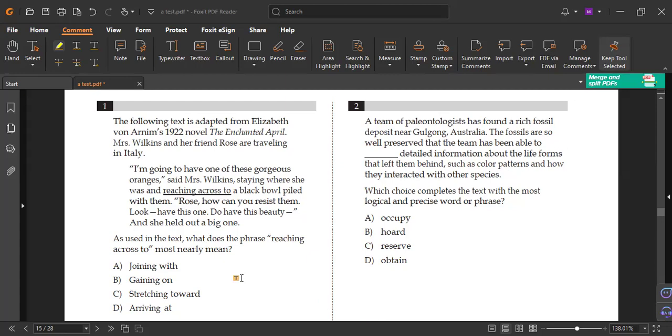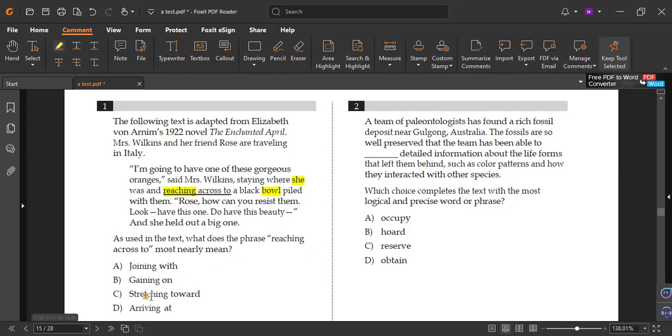Always check: what does the question need? The subject and the verb. So she was reaching across to a black bowl. That means she was trying to reach something. As I mentioned, reaching a black bowl which is piled with them. Joining with, so she is going to join? But how? It does not make sense. Gaining on?